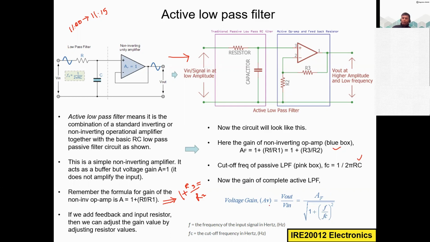This is the voltage gain formula for the active low pass filter, and it is different from the passive low pass filter gain. You may ask, what is this f and what is this fc? f is the frequency of the input signal and fc is the cutoff frequency. Of course, the unit is always hertz for frequencies; it can be kilohertz or megahertz, but it is hertz. Try to remember these three formulas on this slide. This one you already know, and this one you already know. This is the voltage gain of the entire circuit.